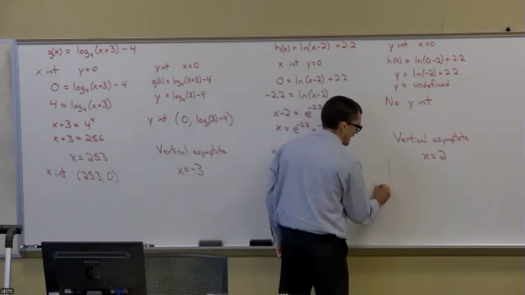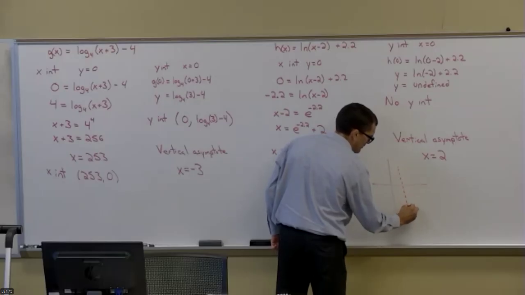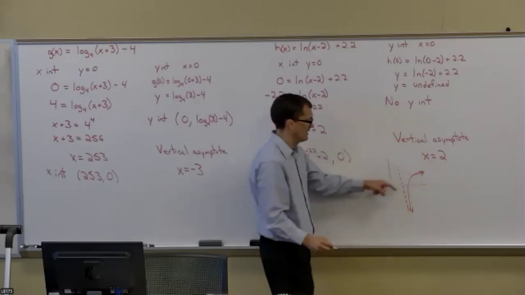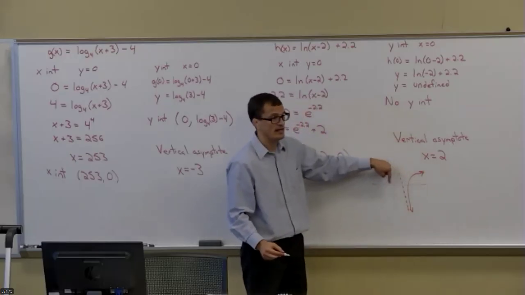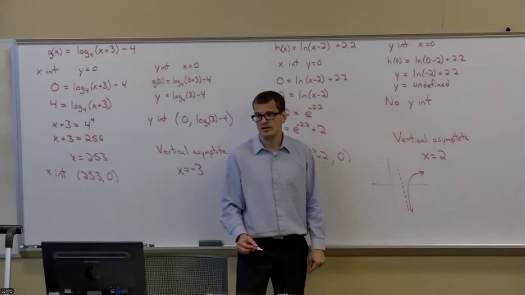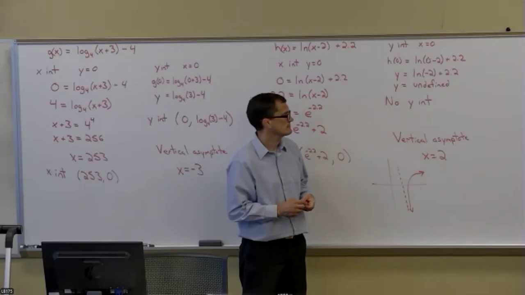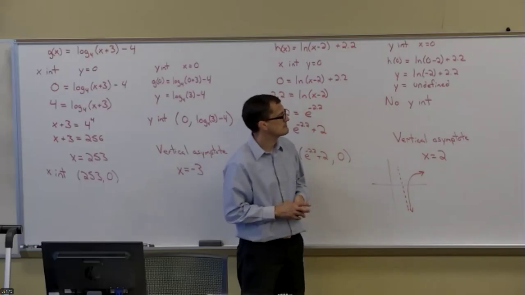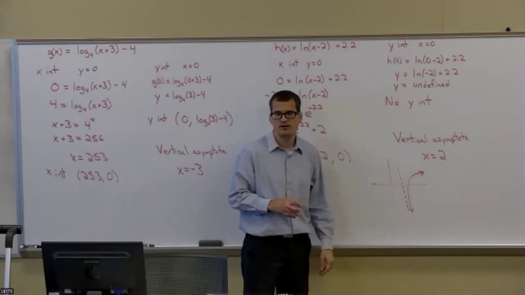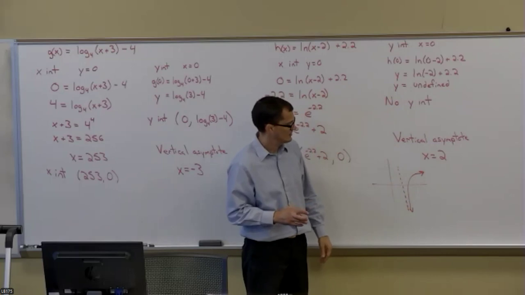So if the vertical asymptote is at x equals positive 2, and I'm getting some type of shape like this, then I know it's never going to cross the y-axis. So this is the situation where we don't get a y-intercept, because this is a log shifted right.